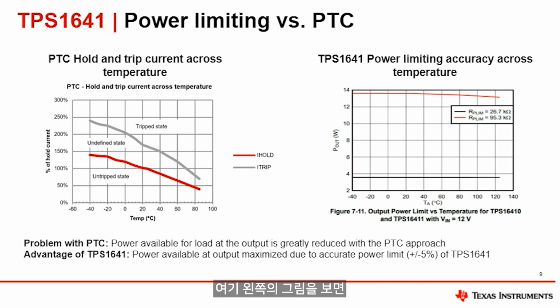If you look at the figure to the left, it showcases where the trip value would be across temperature, and you can see that it varies pretty substantially. So really one of the benefits of the TPS1641 against traditional discrete fuses is the ability to have a very accurate current limit.